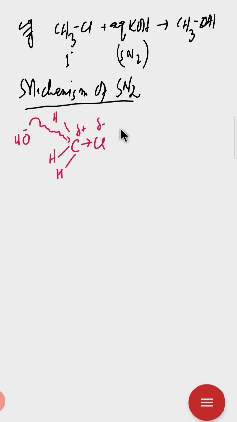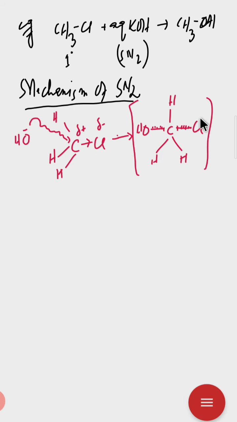So this Cl will be eliminated, but before writing the product, the transition state must be shown. This is the transition state. This will be OH, and this will be written like this. These 3 positions will be occupied by hydrogen. So this Cl will carry a partial negative, OH will carry a partial negative, and this carbon will carry a partial positive.